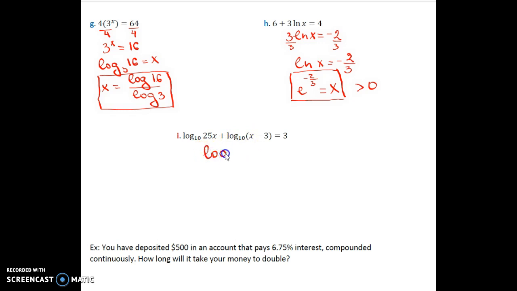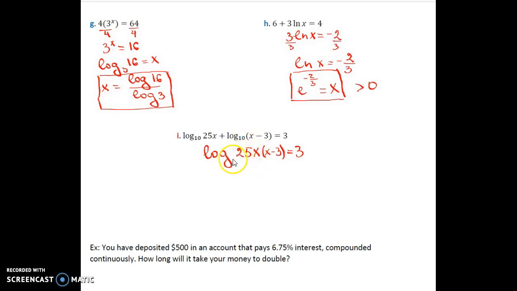But I do know that I can combine these values into one logarithm by multiplying them. I have log of 25x times x minus 3, all inside my logarithm, is equal to 3. I can multiply this 25. Honestly, at this point, I am actually going to leave the 25.